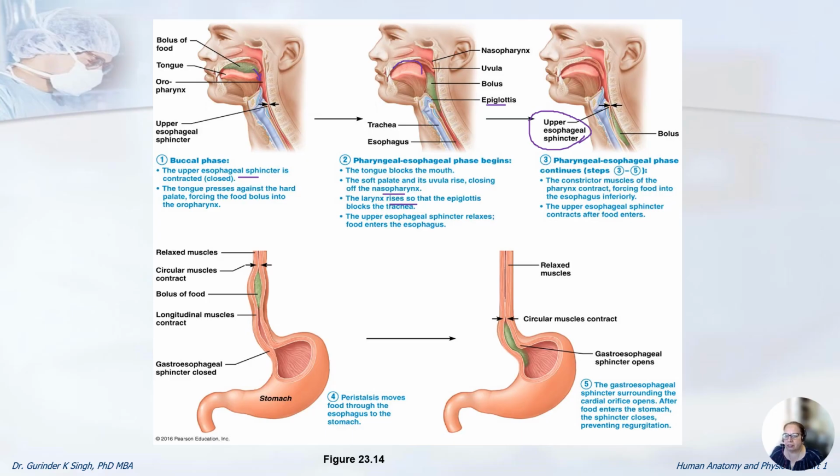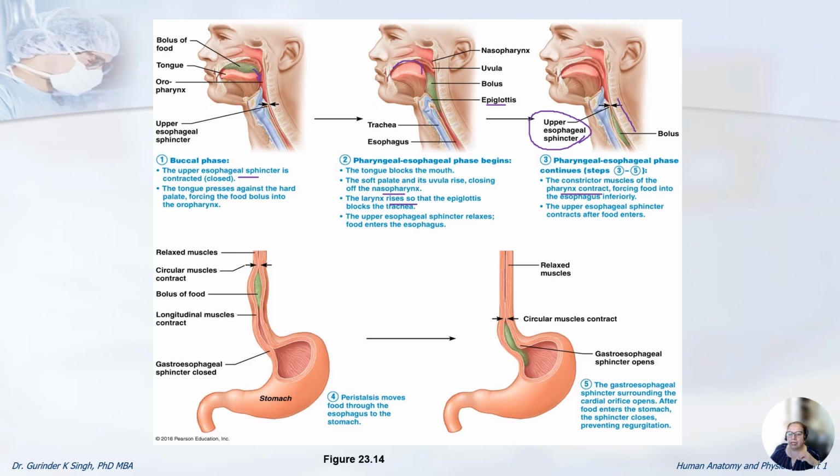The third is the pharyngeal-esophageal phase. Here the constrictor muscles present in the pharynx region contract and force the food into the esophagus and inferiorly.